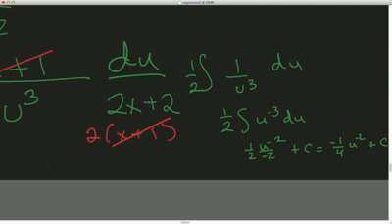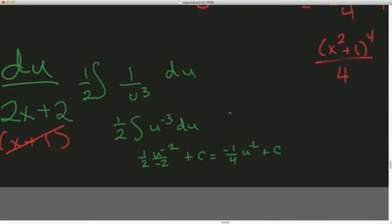And then u was x squared plus 2x plus 1. How do I get rid of that negative exponent? What do I do with that? Yep, that's exactly right.